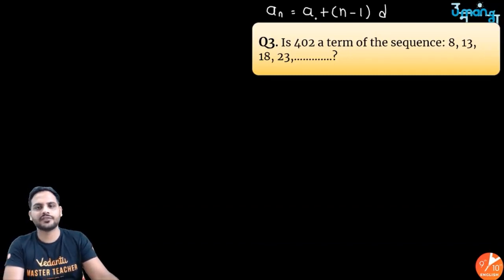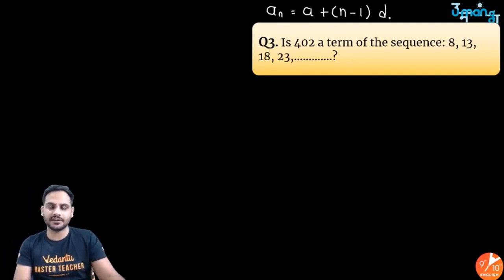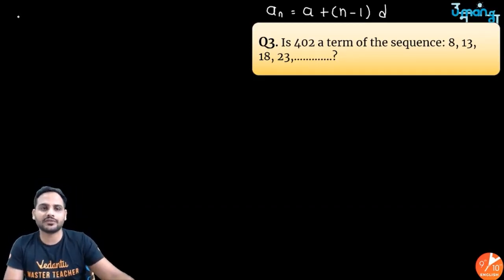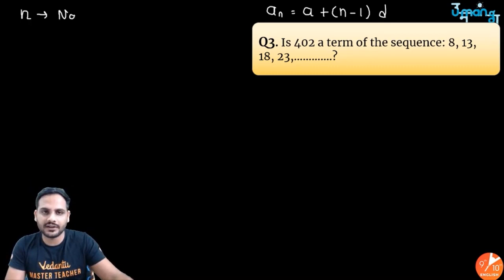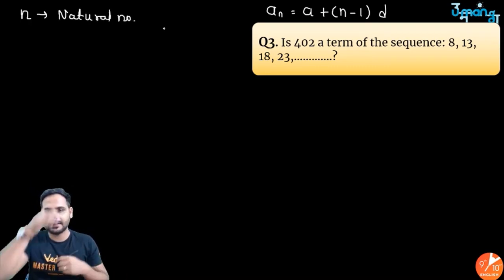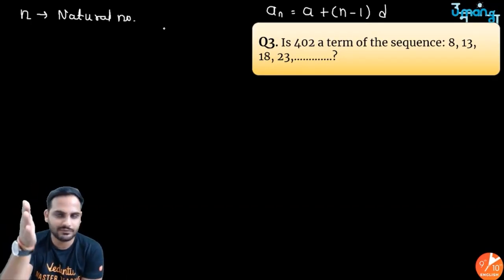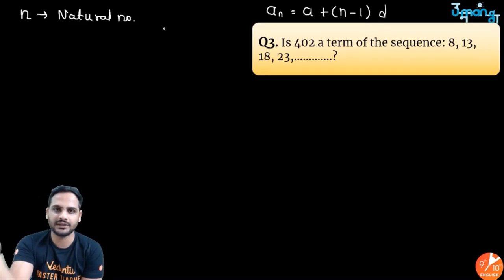I have told you the first term can be anything, the common difference can be anything, but n will always be a natural number. Why is it a natural number? Because beta dekho, whenever I start an AP, whatever I write first will be the first term, then the second term, then the third term, then the fourth term.